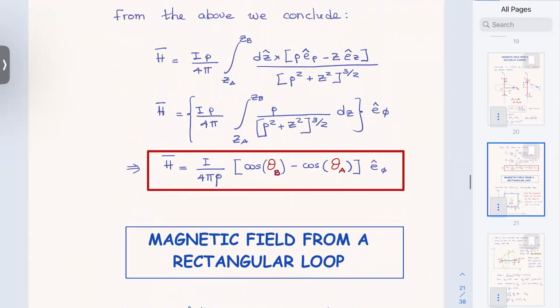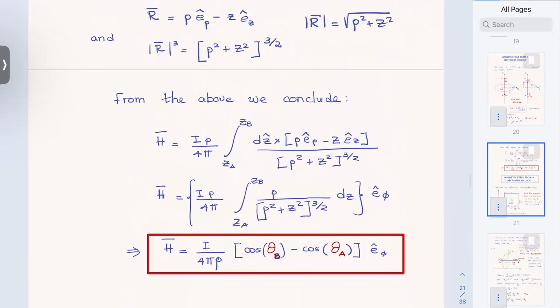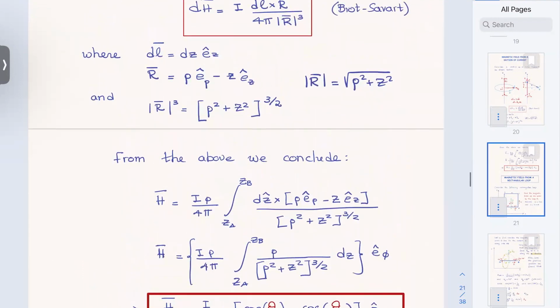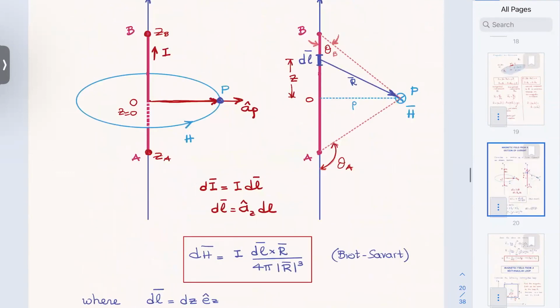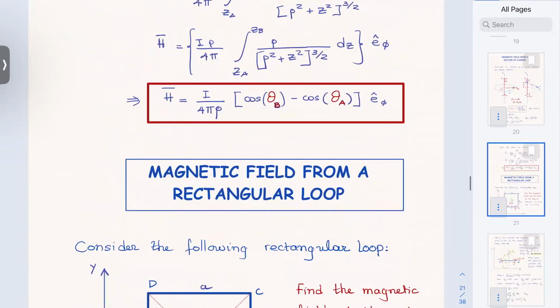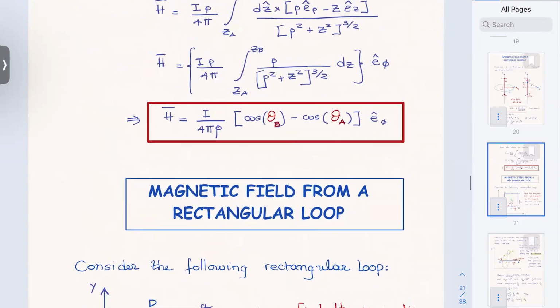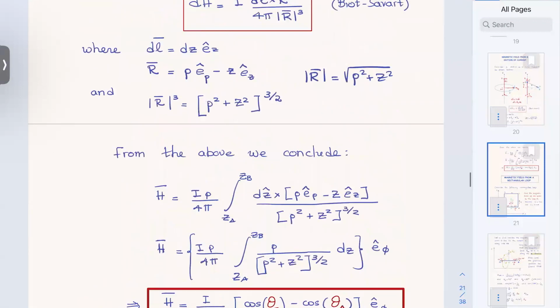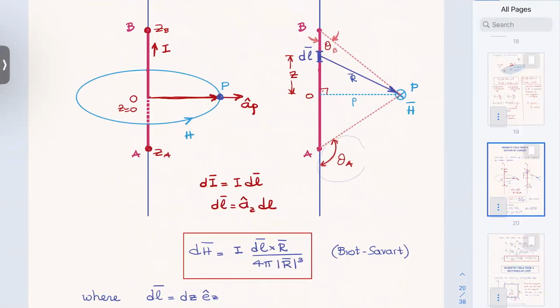All right, so now that we have this expression, you can see it's a very simplified expression. Again, rho is the distance of point P from the finite section of the wire that carries the current. Theta sub A is this, and theta sub B is this one.